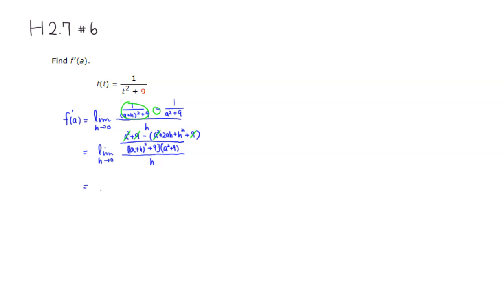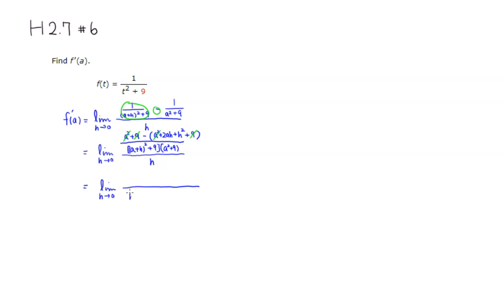So you have a limit as h approaches 0. I'm going to combine this denominator and h because they're a division, so we can just put both of these on the bottom.